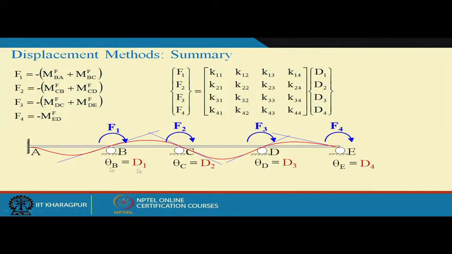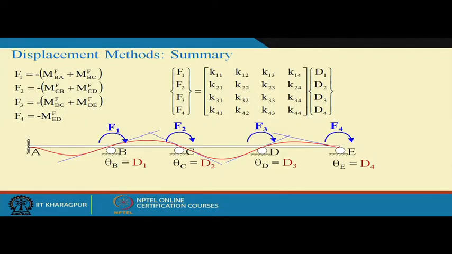Suppose we consider the beam shown on this slide. This beam has several spans: AB, BC, CD and DE. The idea is to decompose the system into small subsystems such that for each subsystem we know the relation between force and displacement through stiffness.